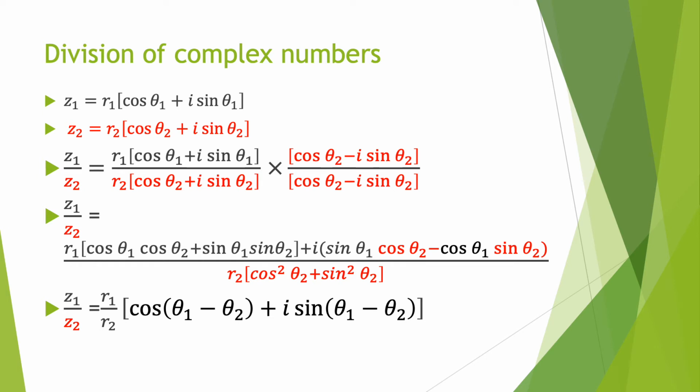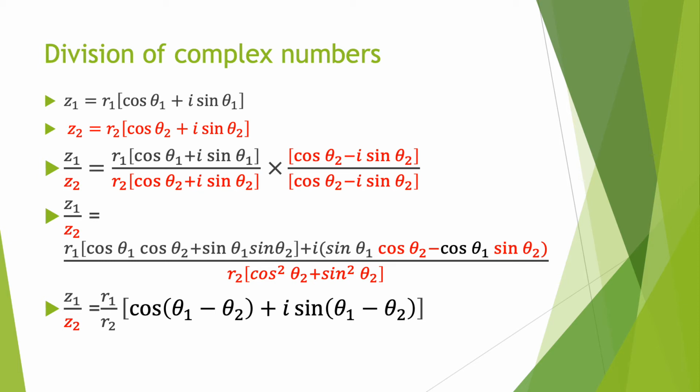Division of complex numbers. Two complex numbers z1, z2 are given. So z1 divided by z2 equals r1 cis theta 1 divided by r2 cis theta 2.